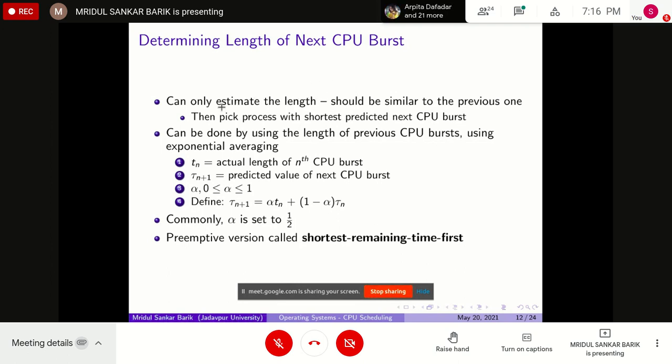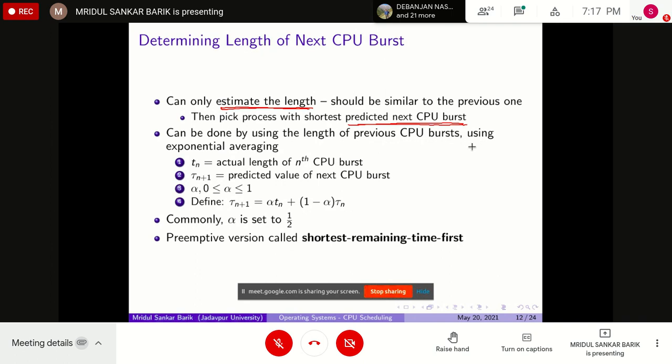Rather, what we can have is some estimate of the length of the next CPU burst. It is similar to the previous one: we pick the process with the shortest predicted next CPU burst. So what we do is predict the length of the next CPU burst. This can be done by using the length of the previous CPU burst, using exponential averaging.